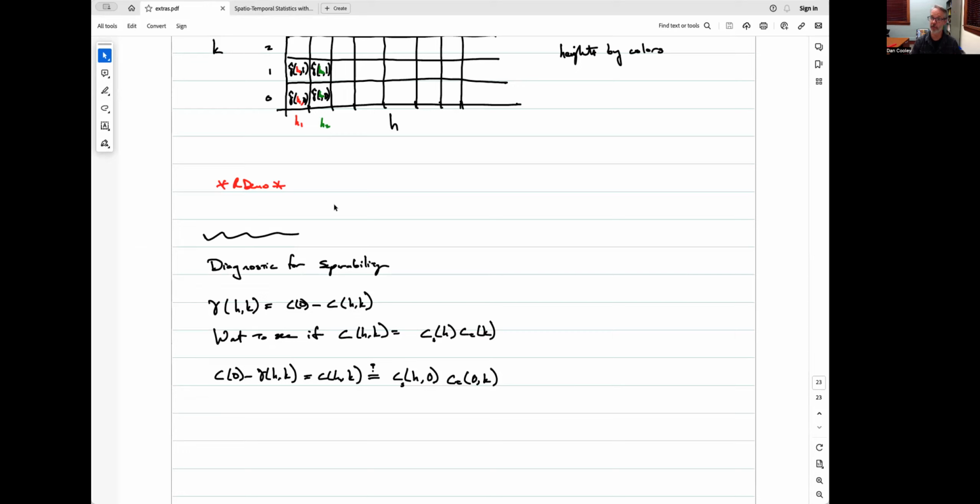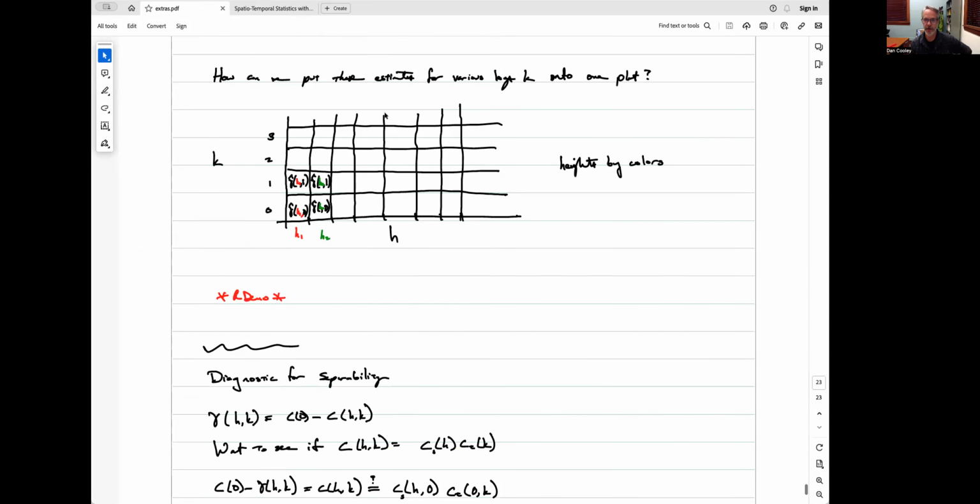It wouldn't capture the kind of phenomena of moving weather or something like that. What this gridded space-time variogram gives us is a diagnostic method for testing for separability. So what we have in our grid are estimates of gamma hat as a function of h and k.